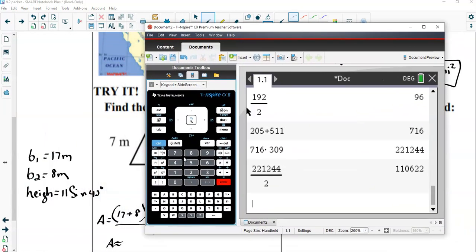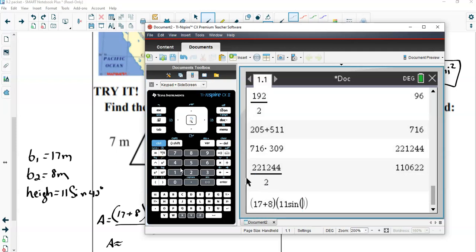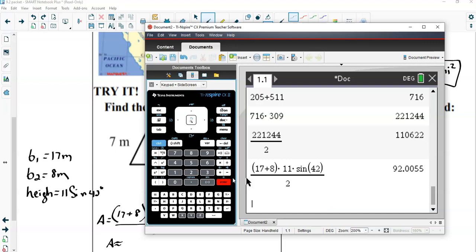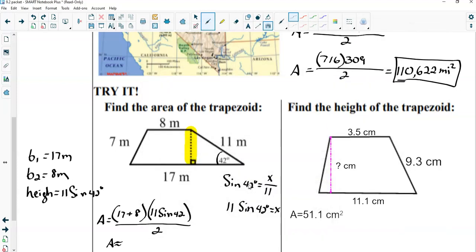So we have 17 plus 8, and that multiplied times 11 sine of 42, and we have all that divided by 2, and it gives us that it's about 92. This is in meters, so square meters, approximate. Okay, that's the area of this trapezoid.